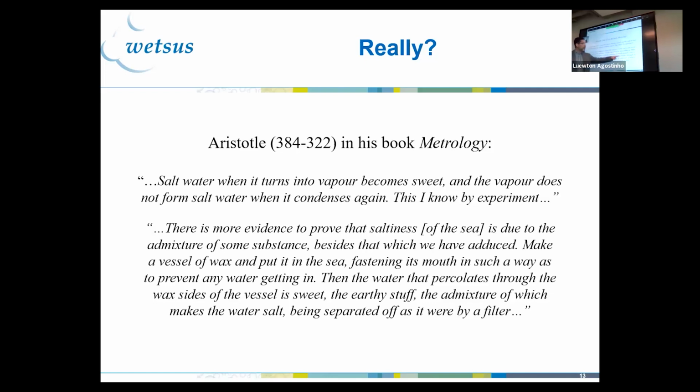Then the water that percolates through the wax sides of the vessel is sweet, the earthy stuff, the admixture of which makes the water salt, being separated off, as it were, by a filter. So Aristotle tested both thermal desalination and membrane desalination.